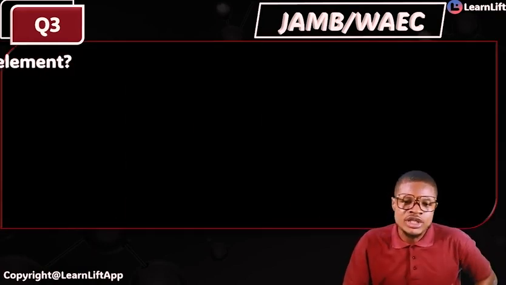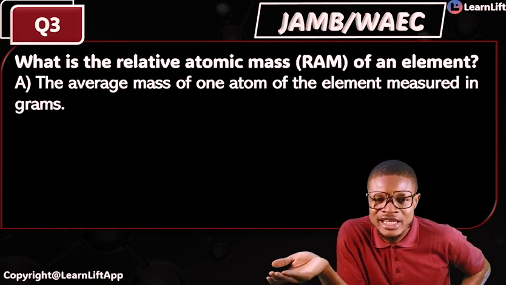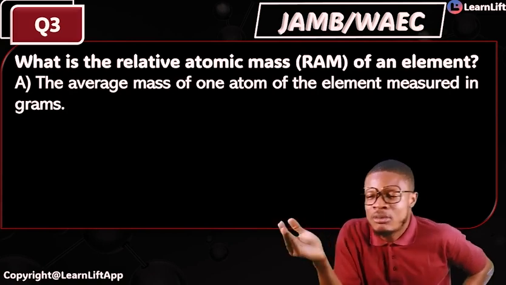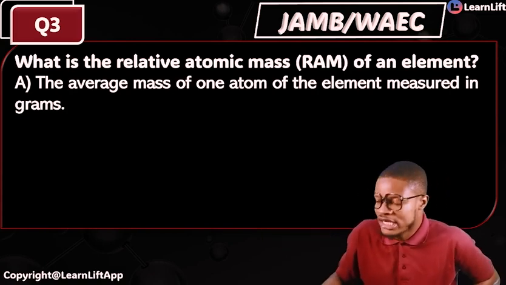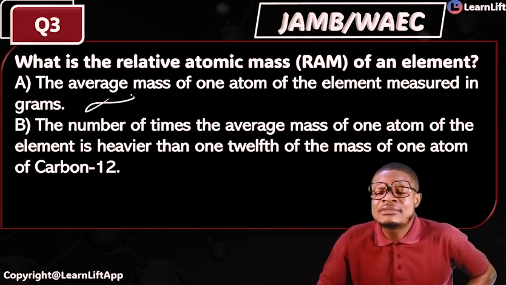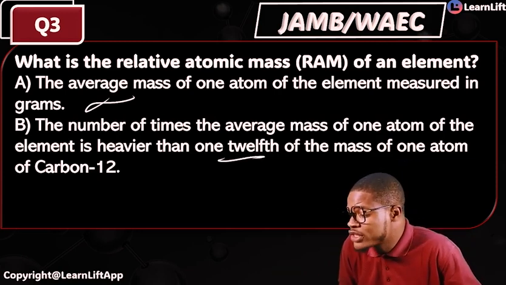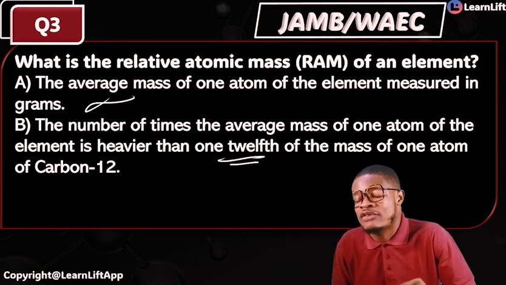Look at a JAMB WAEC question. What is the relative atomic mass of an element? Option A, it is the average mass of one atom of an element measured in grams. Option B says, it is the number of times the average mass of one atom of the element is heavier than 1/12 of the mass of one atom of carbon-12.